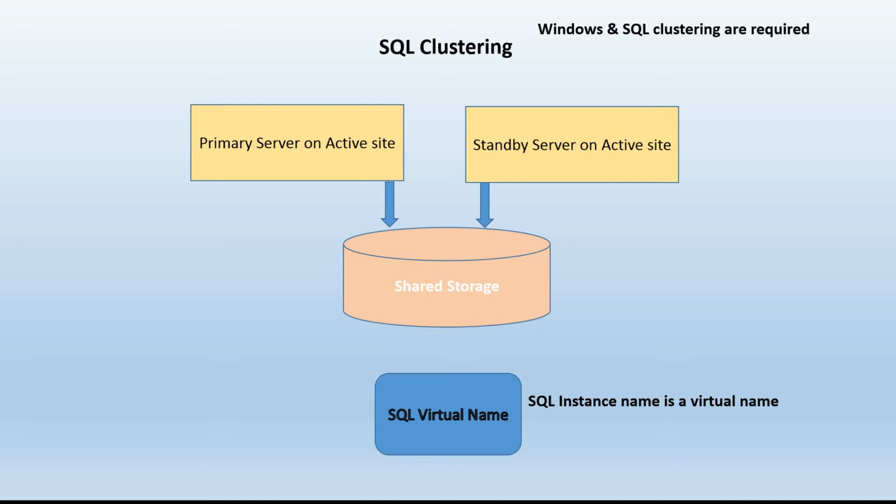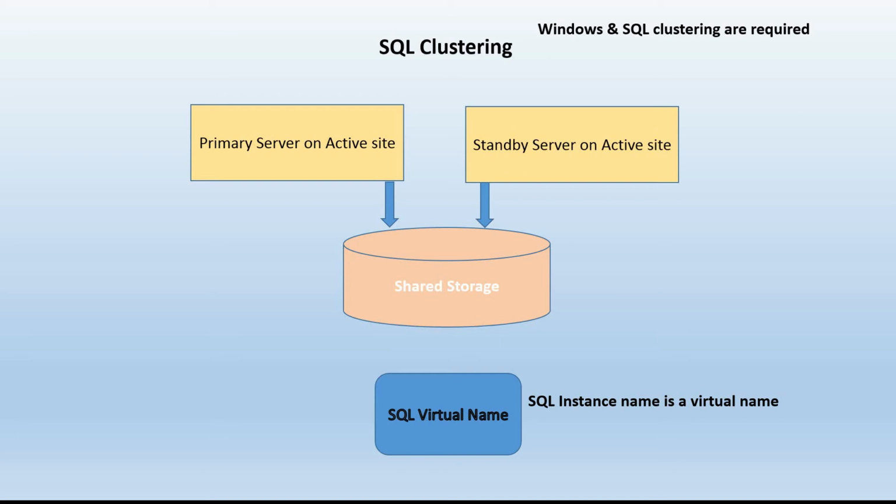Active-passive cluster means one node is active at a given time and the other node is passive. You can also have active-active, where you have two SQL Server instances: for one instance the first node is active and the other is passive, and for the other instance the second node is active and the first node is passive.